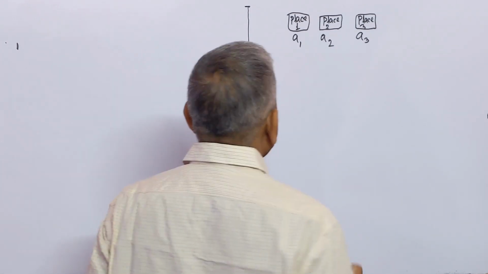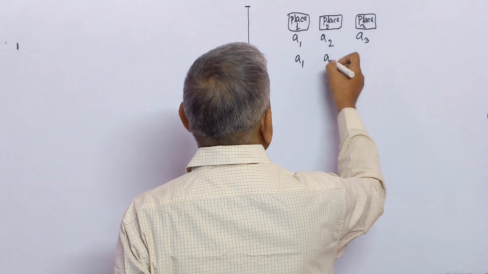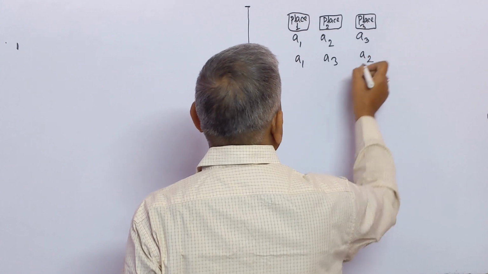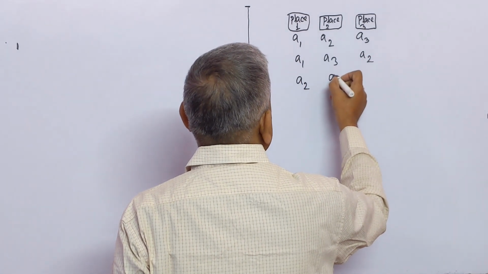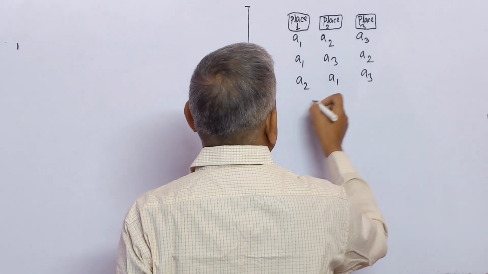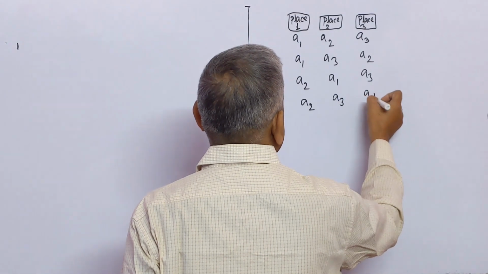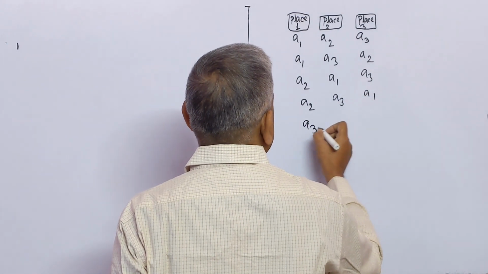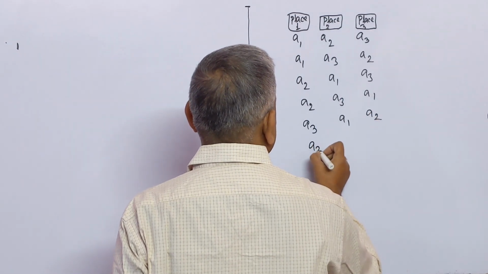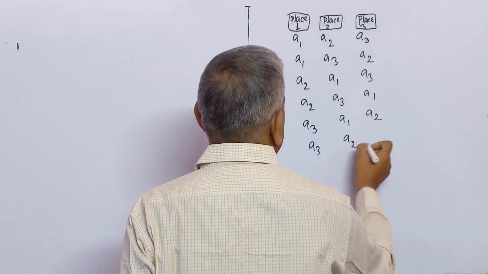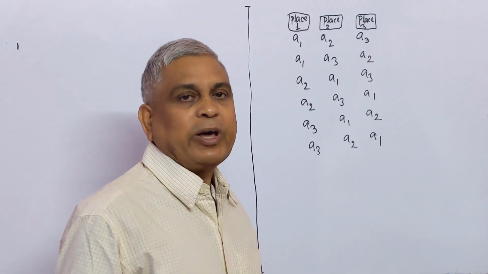So we get the following permutations: A1, A3, A2; A2, A1, A3; A2, A3, A1; A3, A1, A2; A3, A2, A1. Here we get 6 permutations.